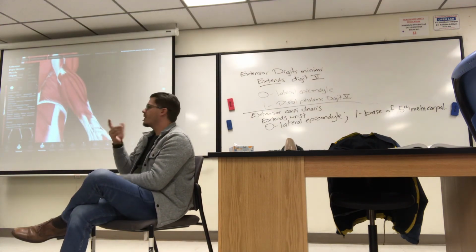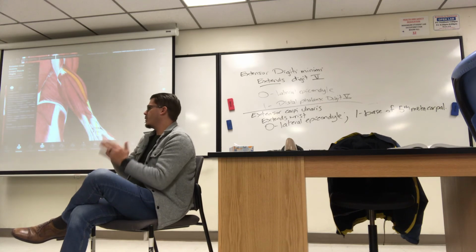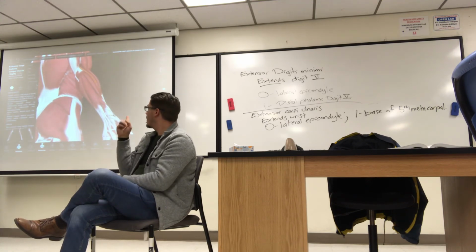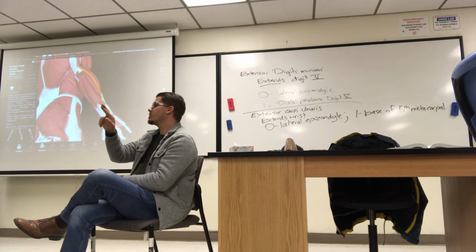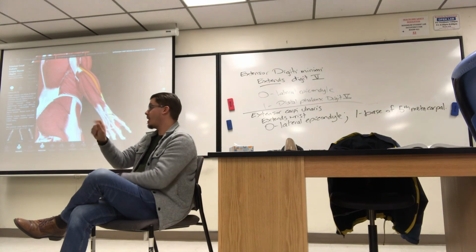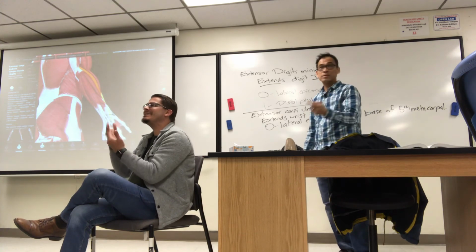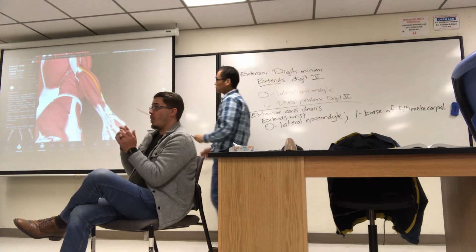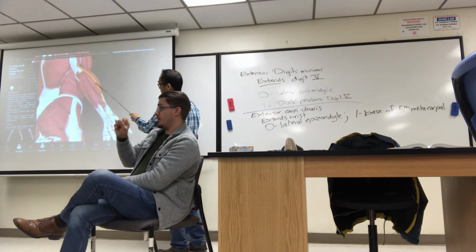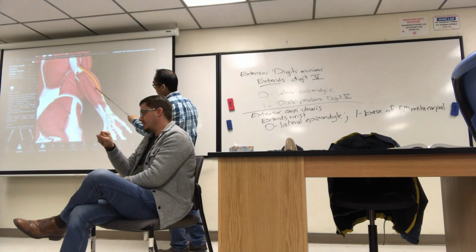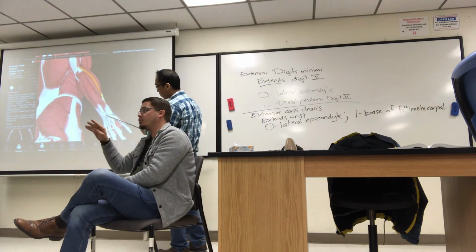Some patterns, for example, let me highlight that first one. What I have highlighted is Extensor Carpi Radialis Longus. And remembering the whole longus brevis thing is easy if you know that it alternates. If you start with this one, Extensor Carpi Radialis Longus, then it goes brevis, then it goes longus, brevis, longus.